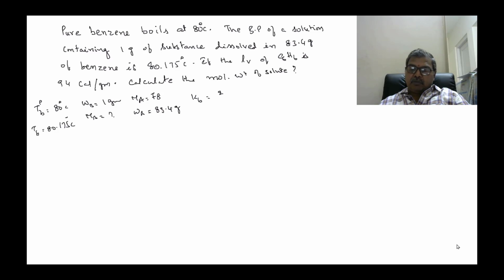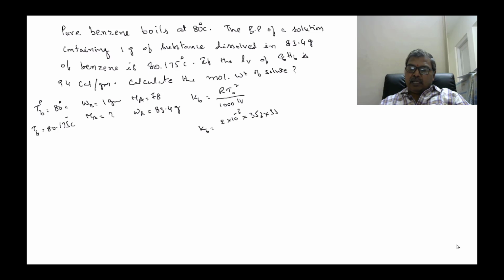What is the formula? First formula: Kb is equal to R T0 square by 1000 Lv. So Kb is equal to, taking the R value in kilocalories, 2 into 10 power minus 3, T0 the benzene boiling point, 80 plus 273, 353 Kelvin.